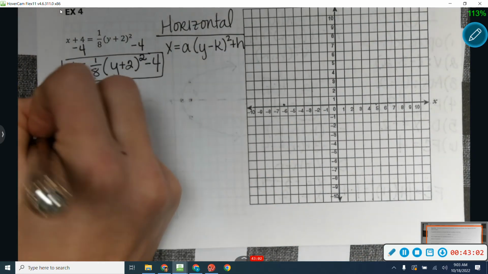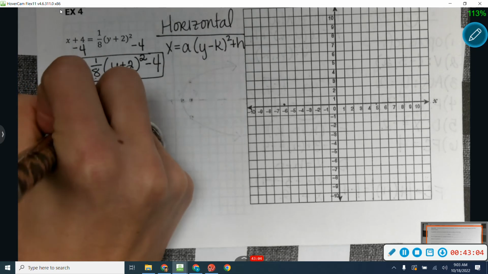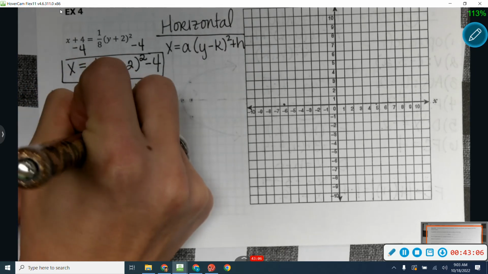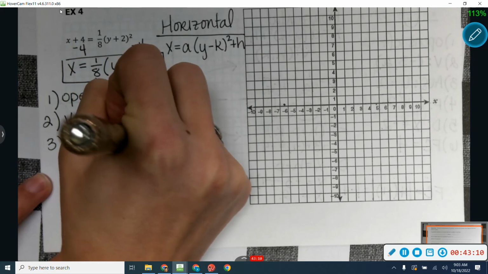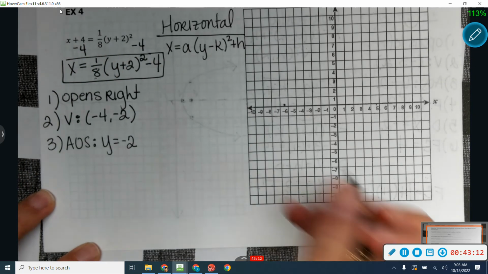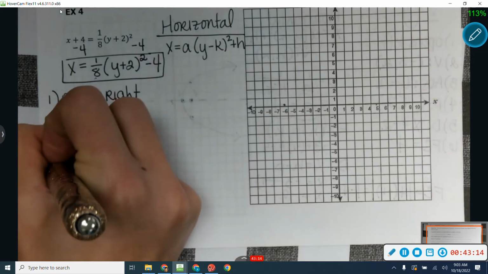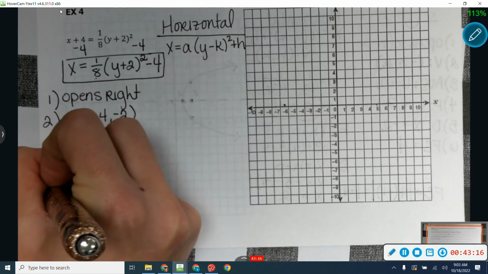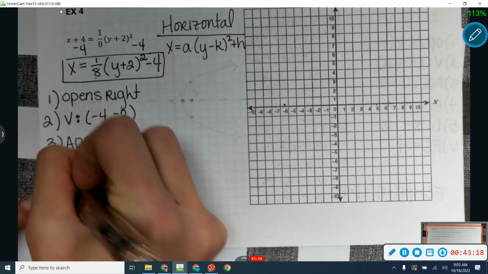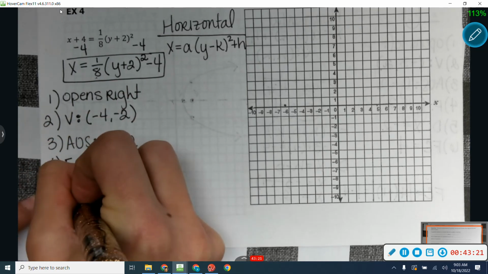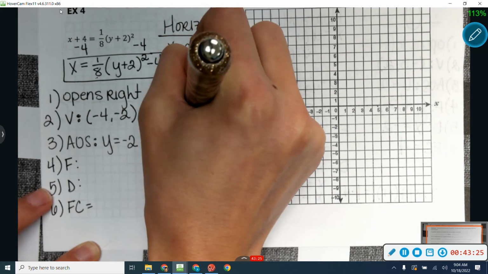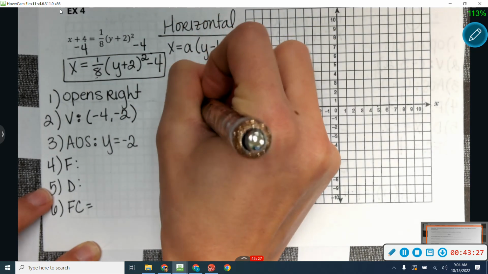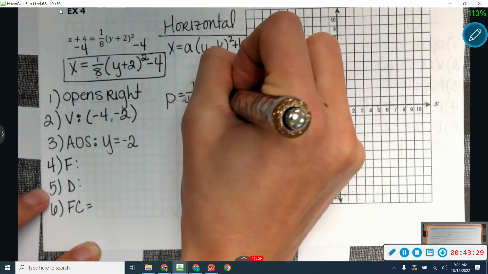Okay, so then if it's horizontal, my axis of symmetry is what? Good. Alright, so then we need to solve for our P to get our focus, directrix, and focal chord. So 1 over 4 times 1 over 8 should have given you 2.